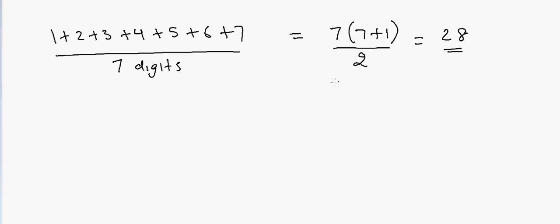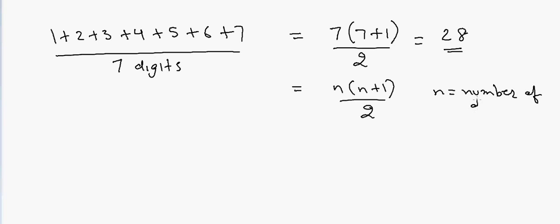Now this is the formula. The formula can be written as n into n plus 1 divided by 2, where n is the number of digits, right? Now if I use the approach which we talked about before, let's look at the odd numbers.